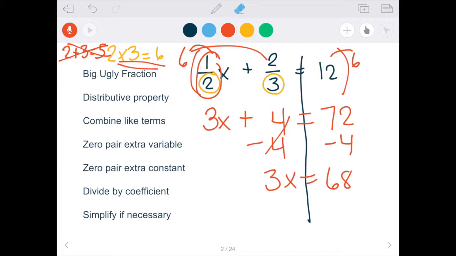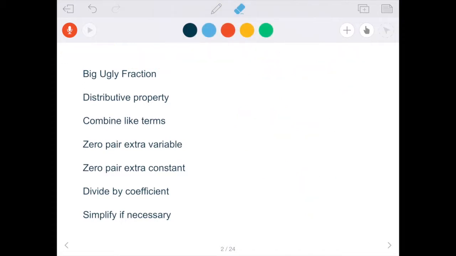Let's see, what happens if you have distributive property and a fraction? Let's say you have 3 times 3/4 x plus 9 equals 10.